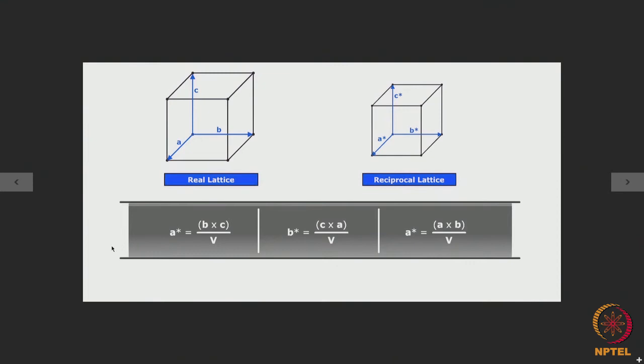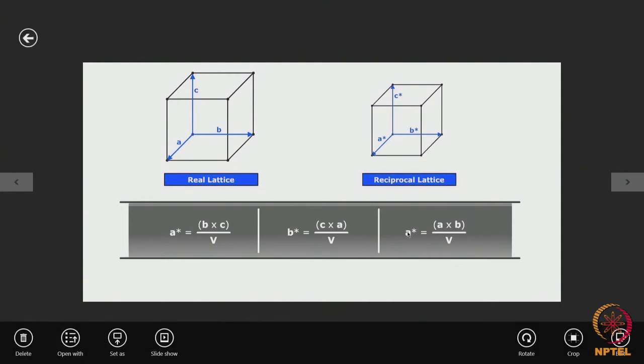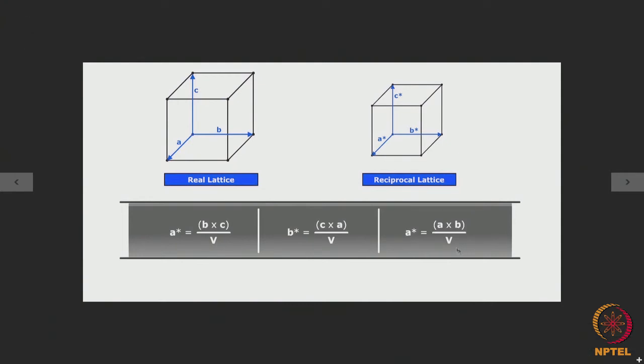And what is this relationship? A star is equal to B cross C by V, where V is the volume of the unit cell in the real lattice. B star is equal to C cross A by V, and C star, I am sorry, C star is equal to A cross B by V, where V is the volume of the unit cell in the real lattice.